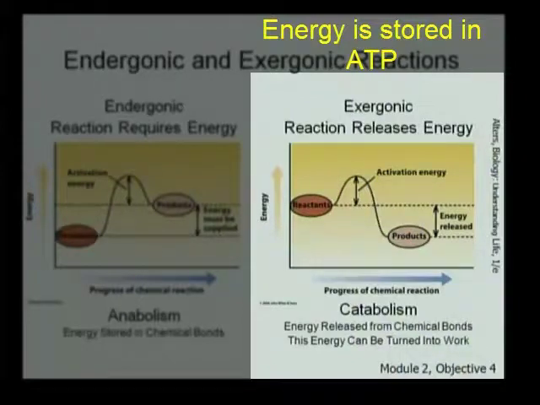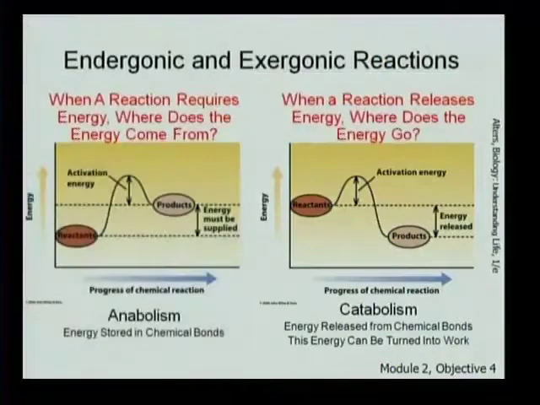We take adenosine triphosphate, we add a phosphate group onto the end of it, and in doing so we store that energy for later use, and that's why ATP is the energy currency. So when a reaction requires energy, the energy comes from ATP. When a reaction releases energy, the energy oftentimes goes into ATP.